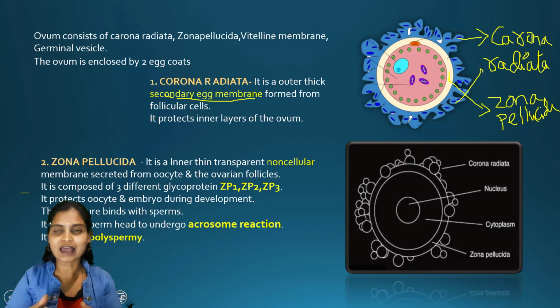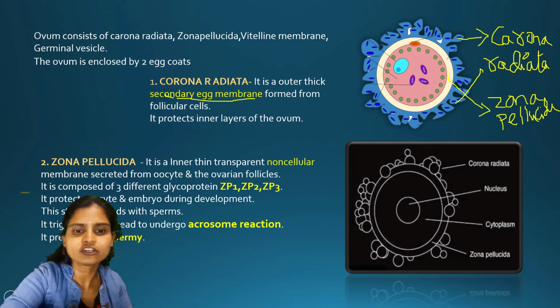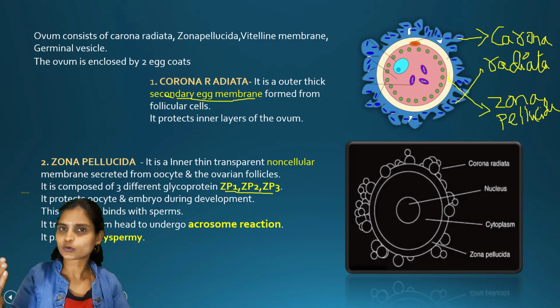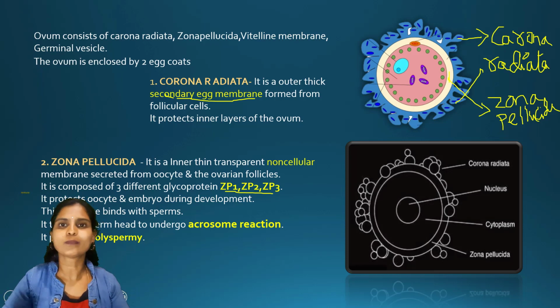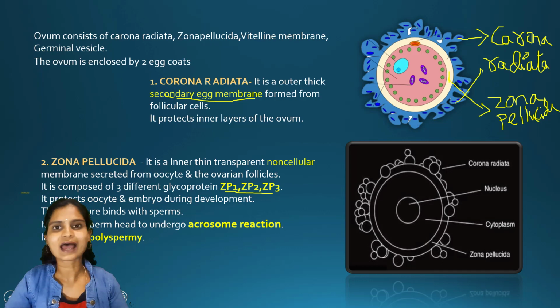It has a thin jelly-like material made up of glycoproteins like ZP1, ZP2 and ZP3. ZP stands for zona pellucida glycoprotein 1, zona pellucida glycoprotein 2 and zona pellucida glycoprotein 3. So this layer is mainly made up of glycoproteins and does not consist of any cells.